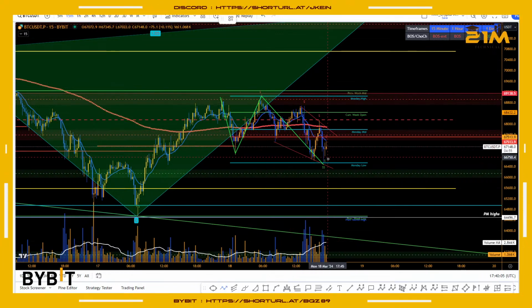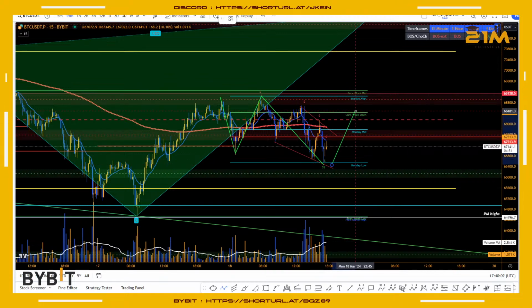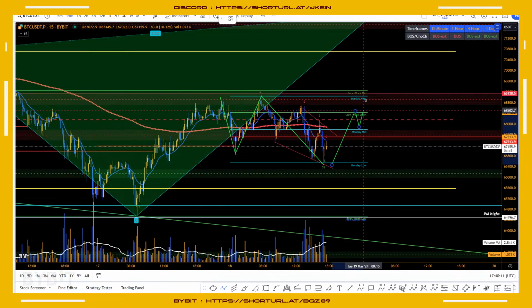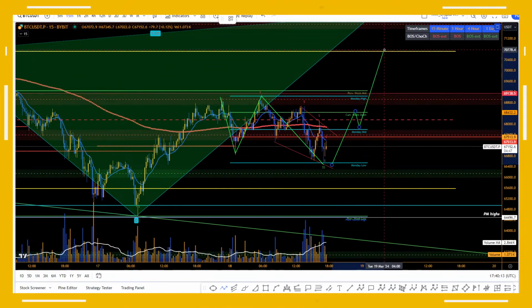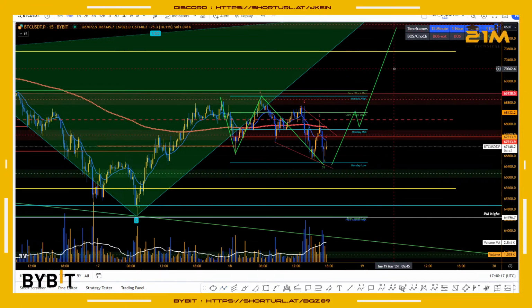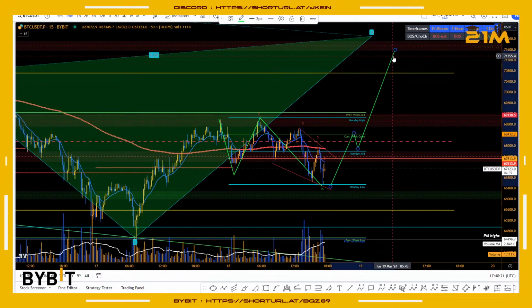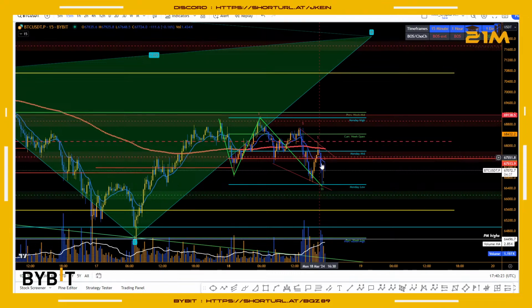If, let's say, the bottom is in, or maybe one more push down, then we will break out, and we might be looking for something like this to my target of 70,000, 71,700 or so. That's how I would want to see it.